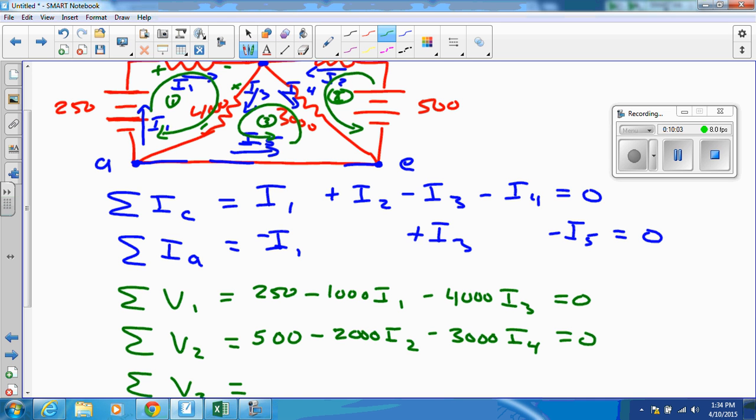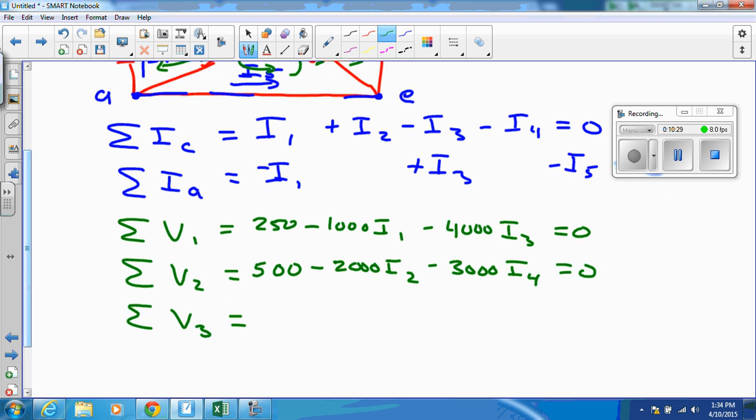So how does that go if I go around the loop like so? Again, my current is going this way, so that means that this resistor is going to be minus and plus, right? Current goes from plus to minus. Here I have no resistors, so we're not going to have any voltage drop or rise along that wire. We're just going to have current flowing freely.